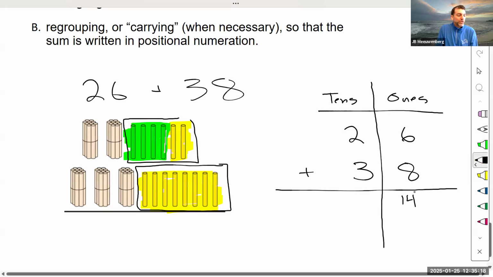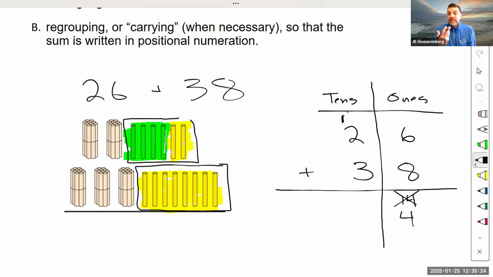What we're typically going to do is write the 4 here and we carry the 1 up there. But it's so important that early students who are learning this understand that that 1 is really representative of this grouping here, that 10, okay? But we put a 1 in that 10's column.